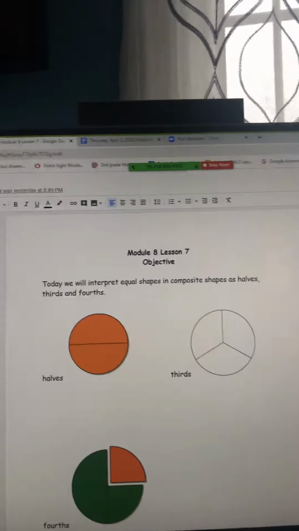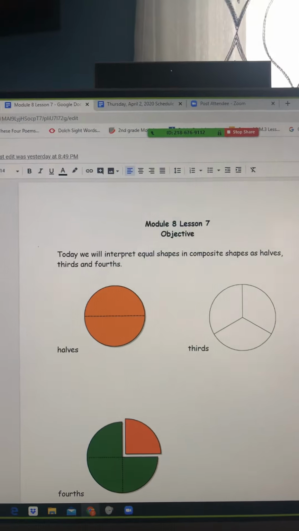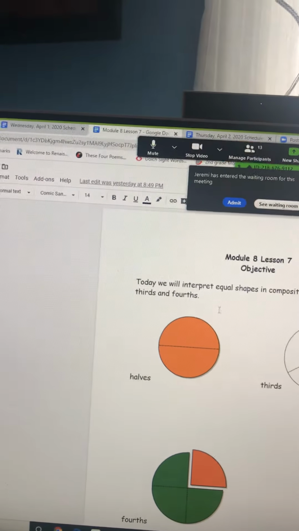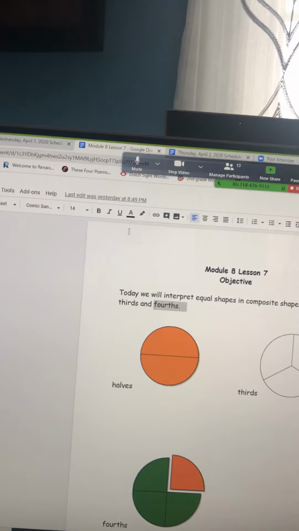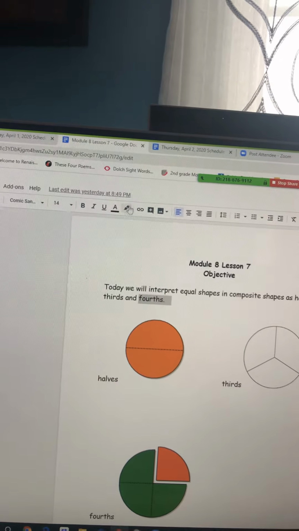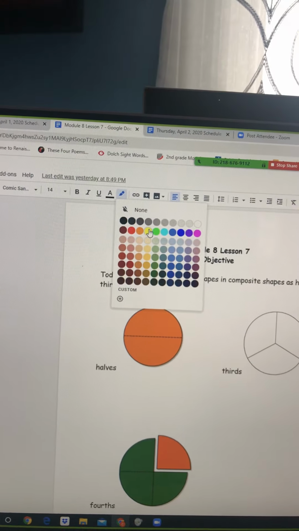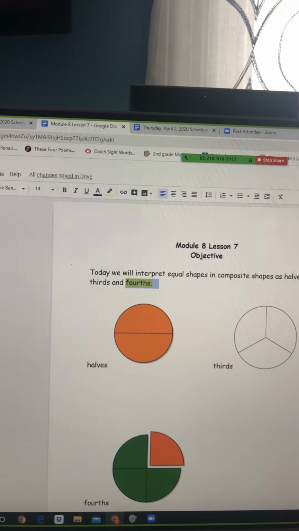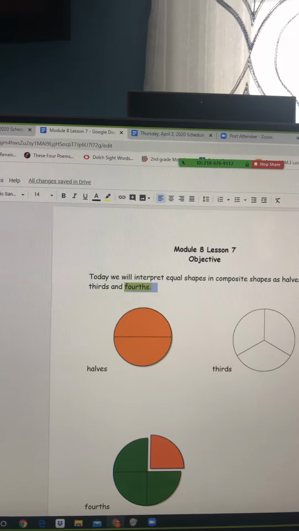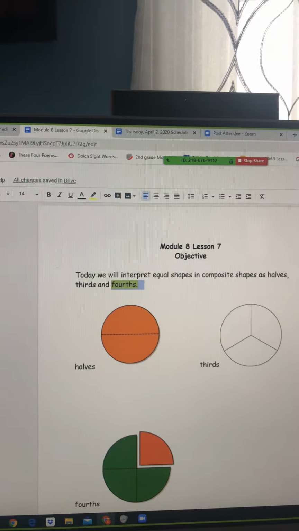Jaden Diaz, go ahead. Fourths. Fourths is, I'm going to highlight it. And Jaden, can you mute yourself? Thank you.